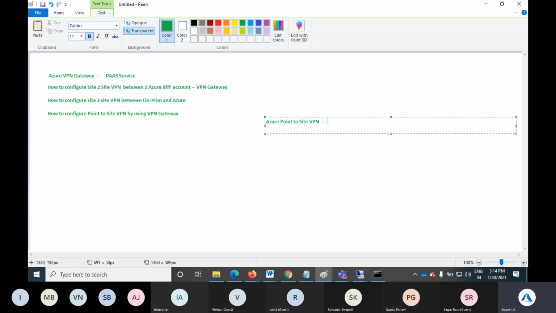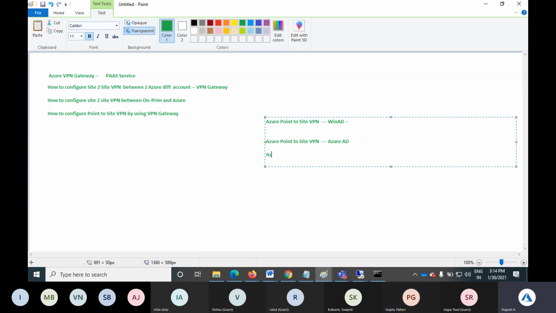First we'll understand Windows AD authentication with the Radius server, and second scenario we'll understand Azure point to site VPN with Azure AD authentication. So both we will discuss.